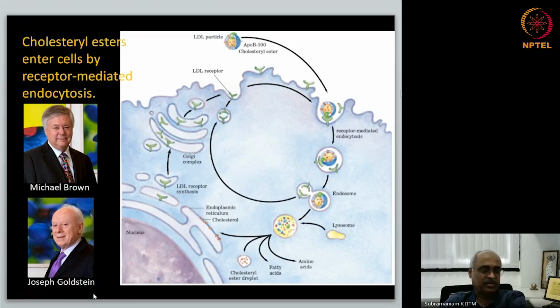They got the Nobel Prize quite a long time ago. So let us briefly look at how this pathway happens. It's quite simple. We are not getting into serious mechanistic details today. We will primarily look at this cartoon alone.